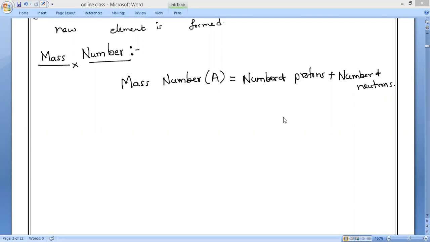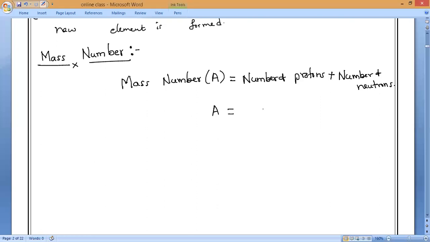So as we know, mass of proton is equal to mass of neutron, so we consider mass number is equal to number of protons plus number of neutrons. Remember, all of you: mass number A is equal to number of protons plus number of neutrons.